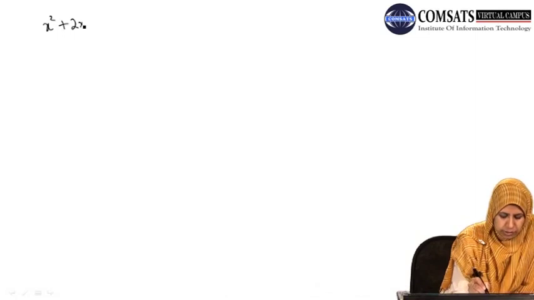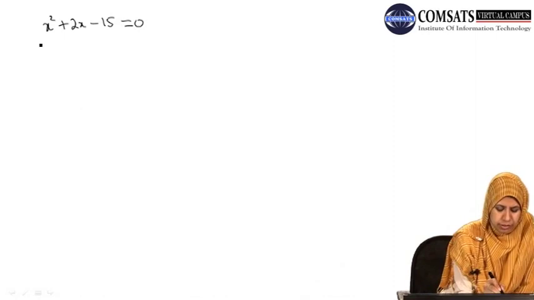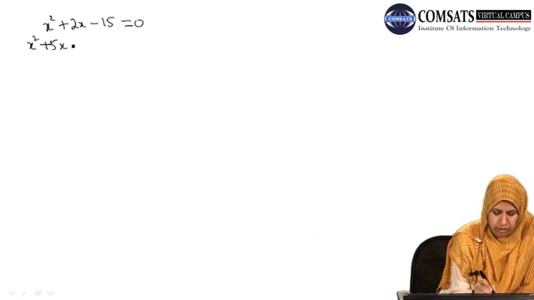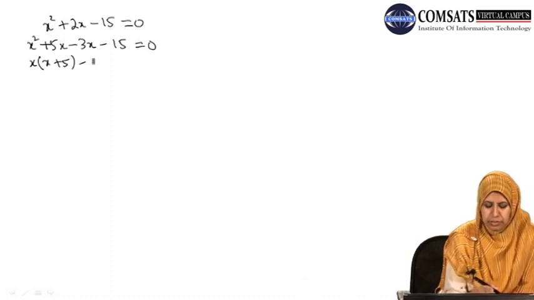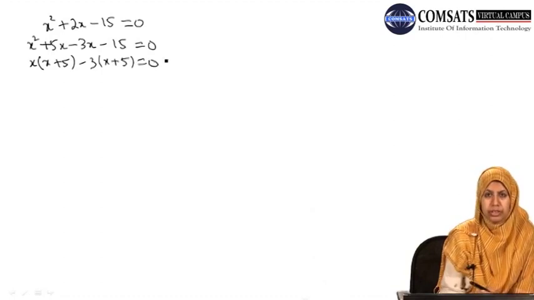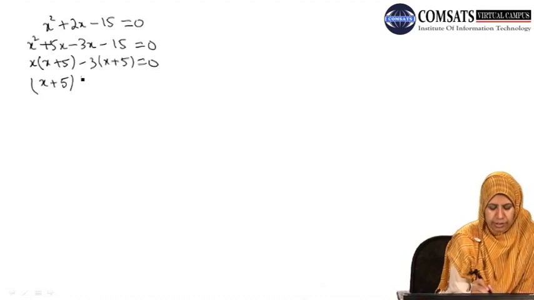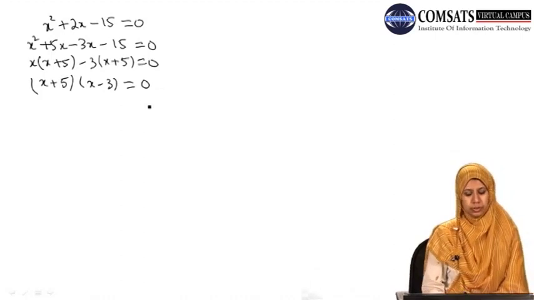We can easily factorize this equation by making the factors 5x and minus 3x. Taking x common from the first two terms, we obtain x plus 5, and minus 3 common from the last two terms, we again obtain x plus 5. Taking x plus 5 common, we are left with (x plus 5)(x minus 3) equals 0.